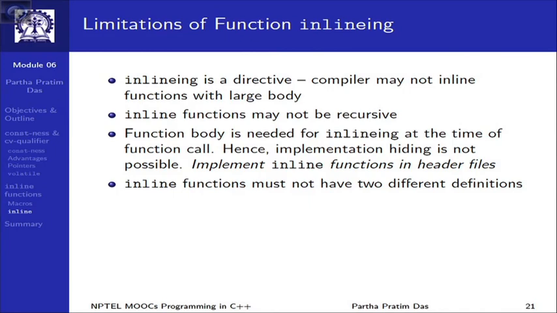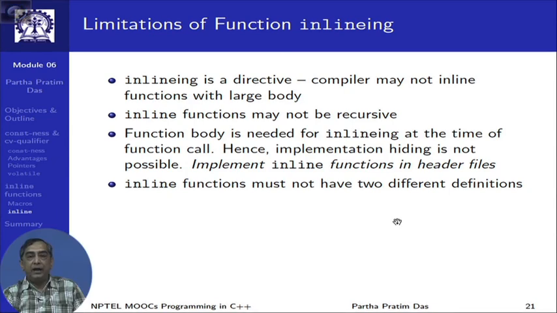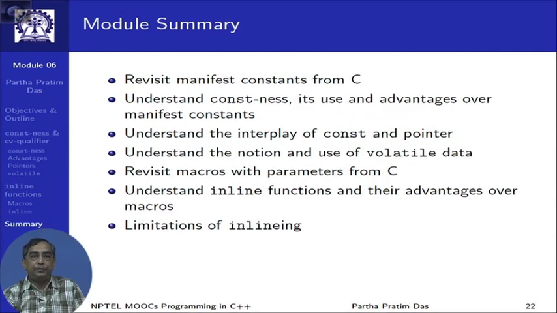But for an inline function, this is not possible, because when an application sees the function prototype, unless it can see the body, how does it inline, how does it replace the body? So, for an inline function, the body will also have to be in the header, and certainly inline functions must not have two different definitions, because if they do, then two invocations will have two different behaviors. So, these are some of the limitations or restrictions of function inlining that need to be kept in mind.